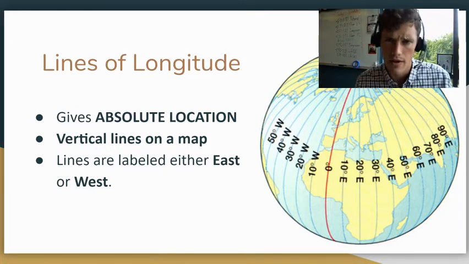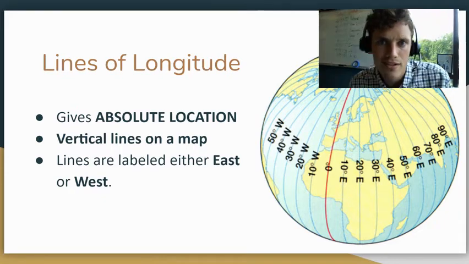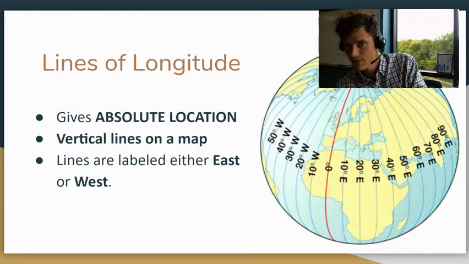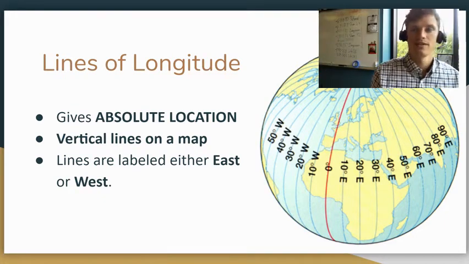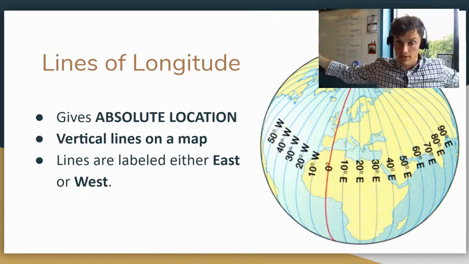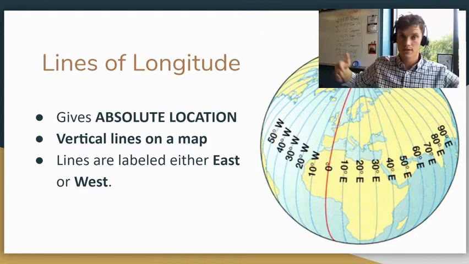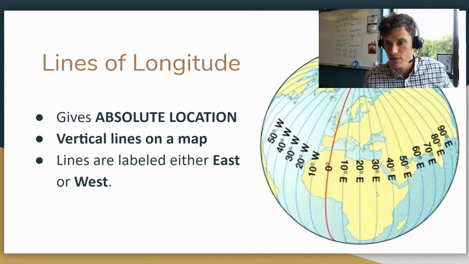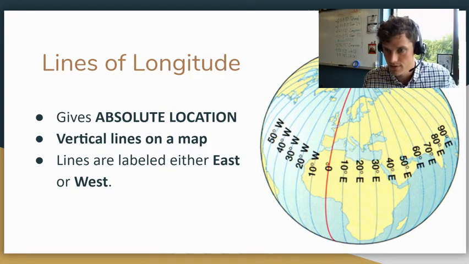I don't know if that's mirrored or not, but I did it the right way just then. East is this way for me, west is this way for me. So if each line is going this way, then they're going to be measured to the east and to the west. Notice that says 0 degrees longitude, 10 degrees longitude, 20 degrees longitude, and this is 10 degrees east, 20 degrees east.